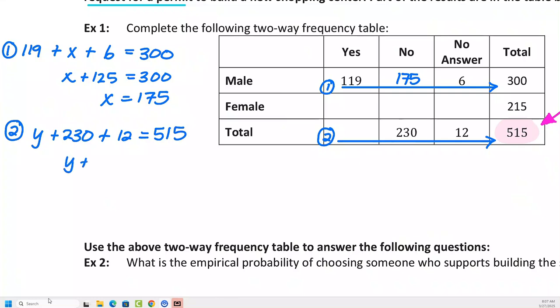So 230 and 12, that's 242, equals that 515. Subtract the 242 from both sides, and you get 273.